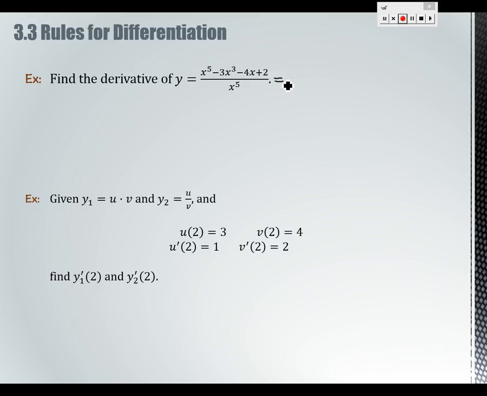What is this? 1 minus 3x to the negative second minus 4x to the negative 4th plus 2x to the negative 5th. Taking the derivative of that without the quotient rule might actually be an easier thing to do, right?